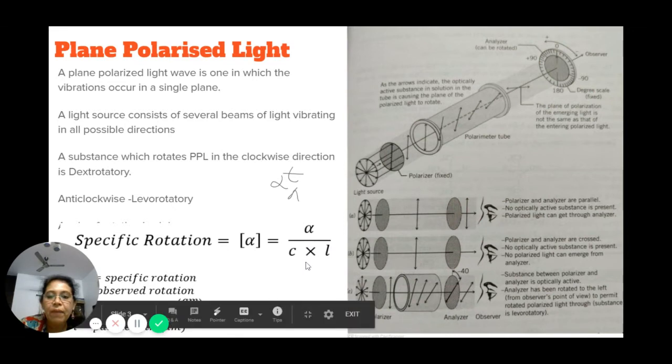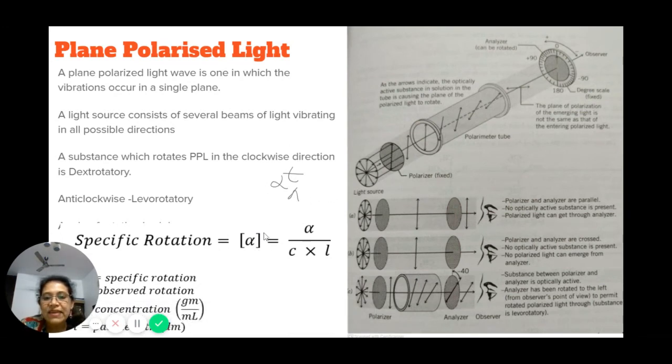Alpha divided by the concentration and by the length will give us specific rotation, which is put in a bracket. The concentration is always taken in grams per cc, and the length of the tube is always taken in decimeters. Here, if you look at the specific rotation, here I have made the symbol. On top there is T written.